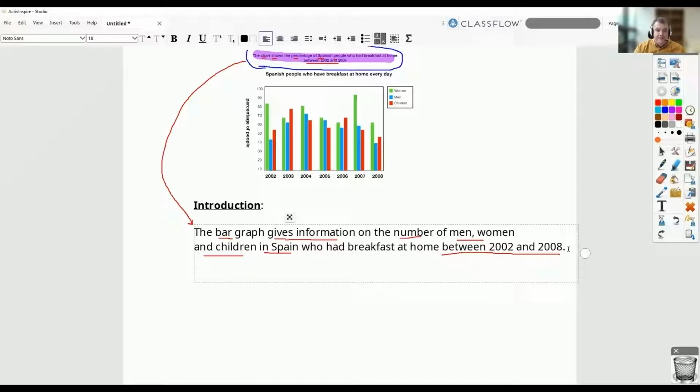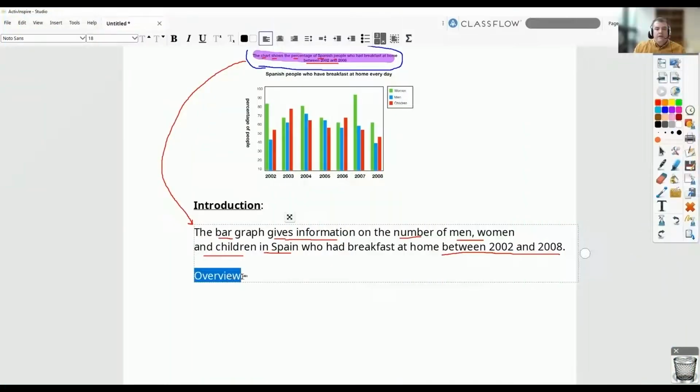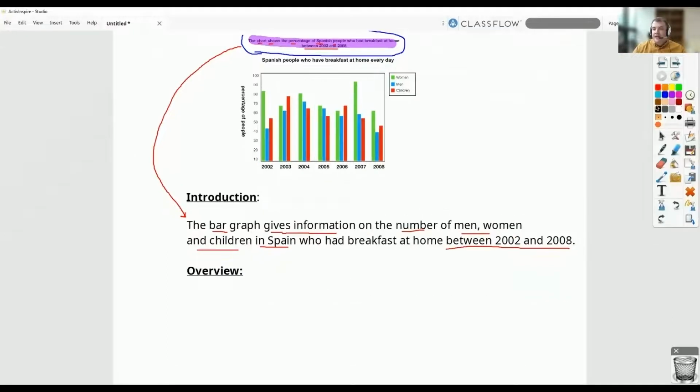Then what do you have to do? Your job now is to write an overview. Remember guys, what's an overview? The overview is where you give general information about the graph or chart or whatever it is. We're not going to talk about specific details yet.